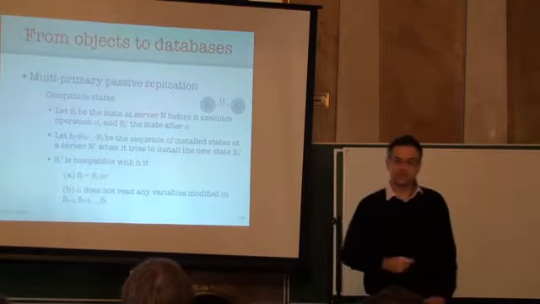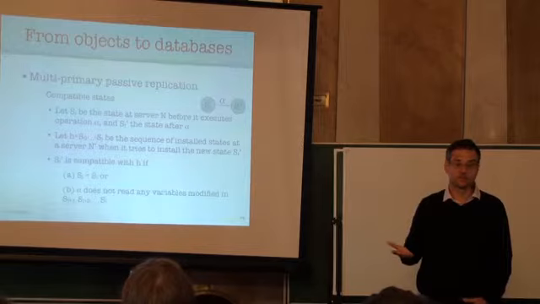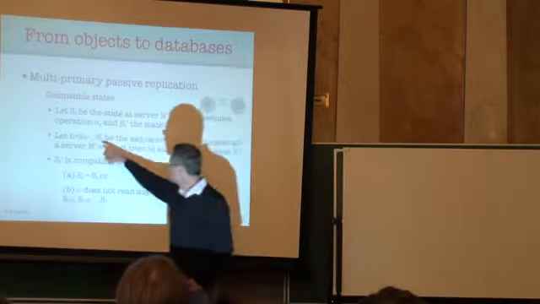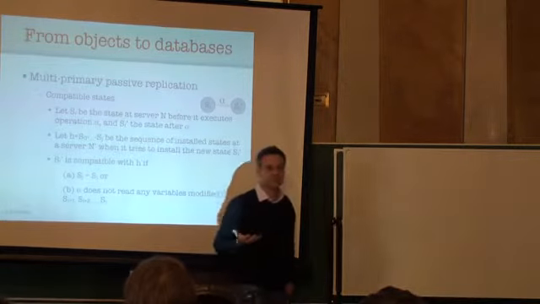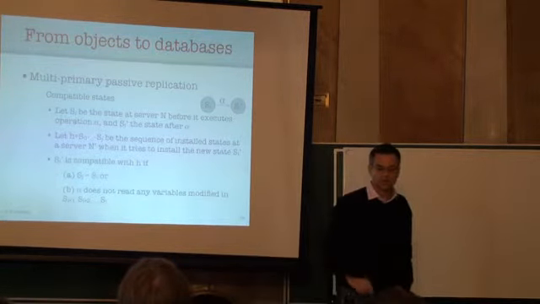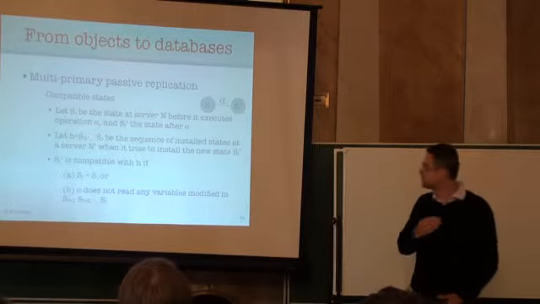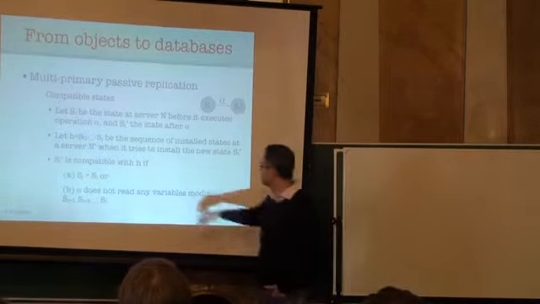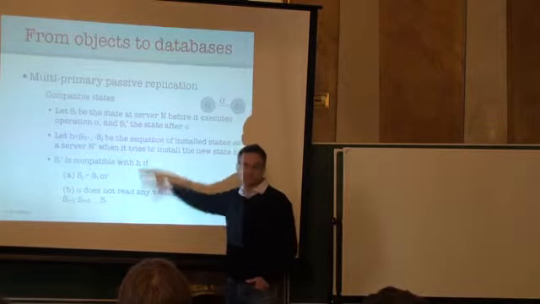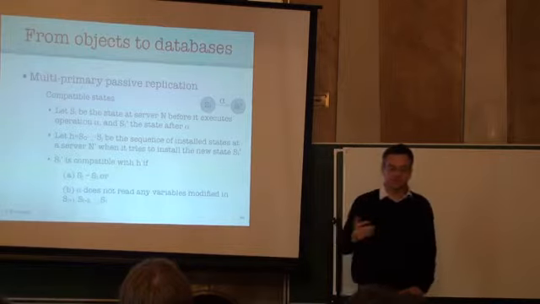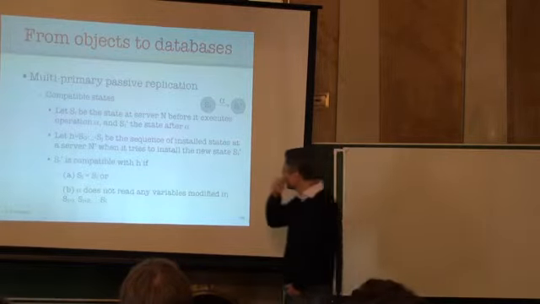Now we can look at a server as a history of states. Right? The very first state S0, the initial value, and then a composition of states, each one deriving from the previous, upon execution of a command. And so I say that state SI prime is compatible with my history H, my sequence of states, right, of all the states in the server, if one of two things happens.